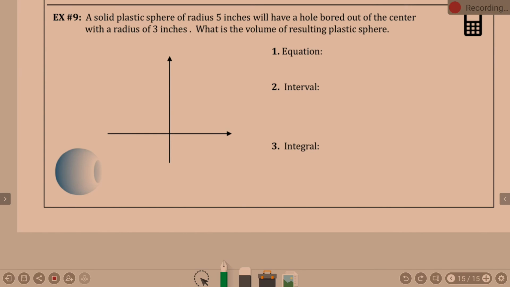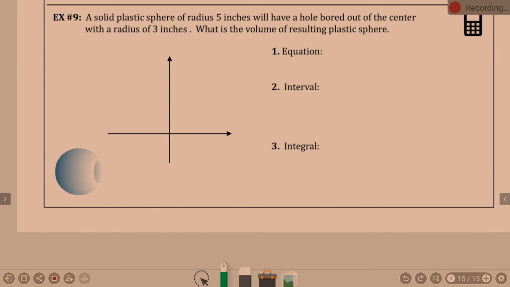The first thing it asked for here is an equation. They didn't tell us what shape this is other than a sphere, or what type of equation, or how we're doing anything like this. So with that in mind, we have to come up with that stuff. A plastic sphere: what is it we're going to find the area of that we're going to revolve that's going to create our plastic sphere?